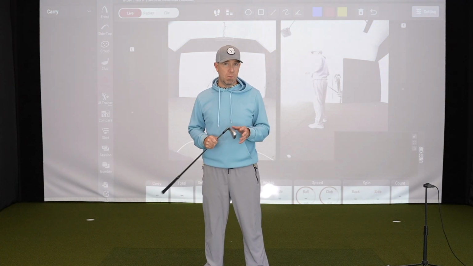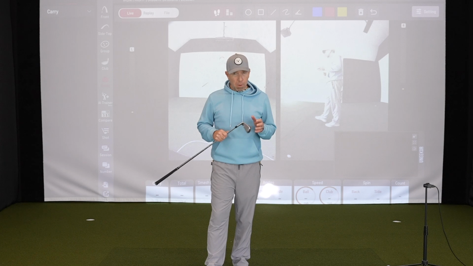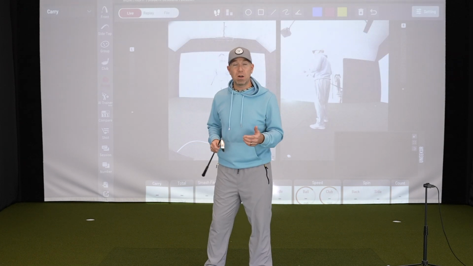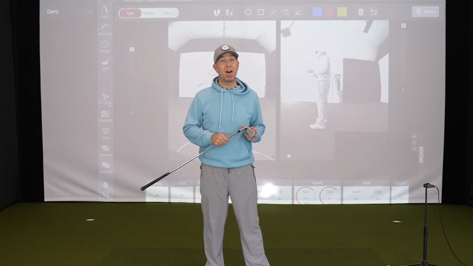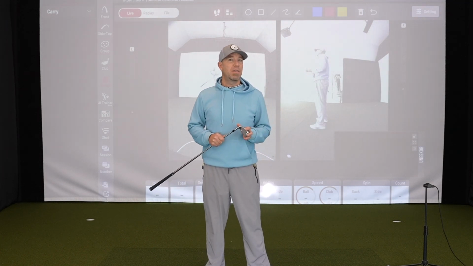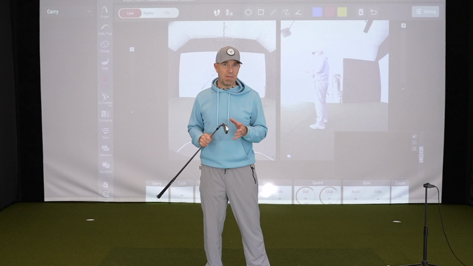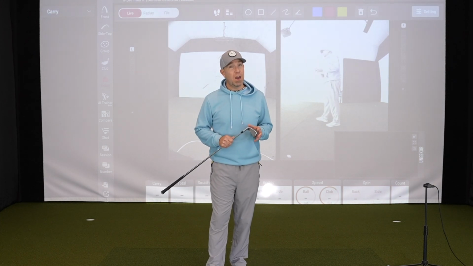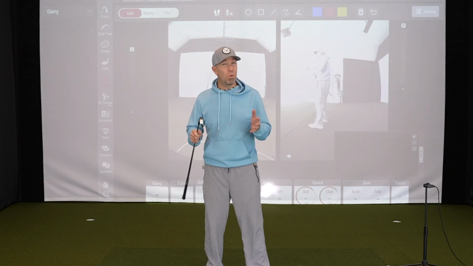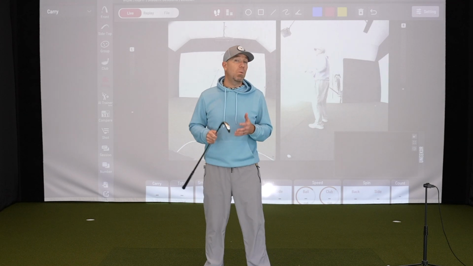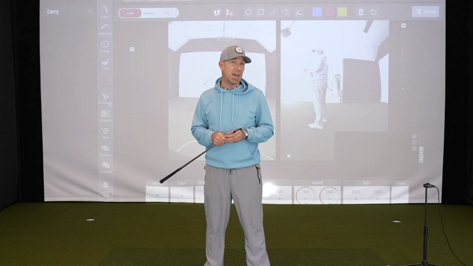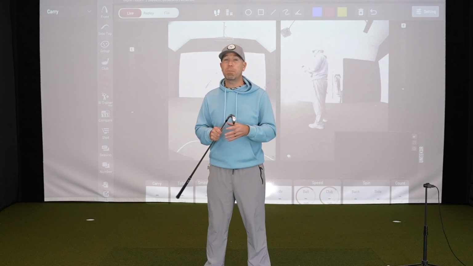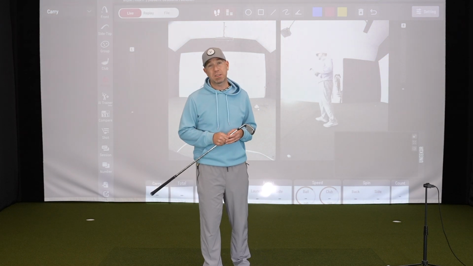So if you deal with mobility issues, number one, if you can get them better, work on that. Get them better. Find a physical therapist. Find a TPI specialist that can get you on the right track to get those things better. But if they are things that just won't get better, then we got to figure out a way to hit the golf ball to the best of your ability and get you to play the best golf you possibly can.